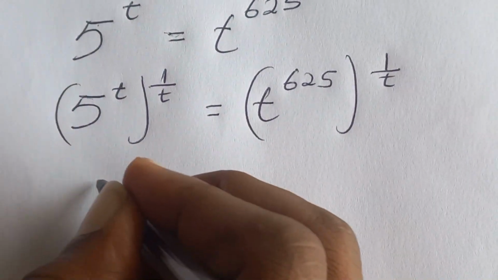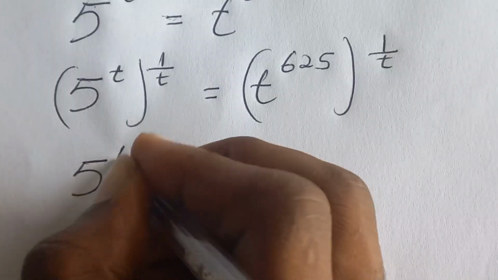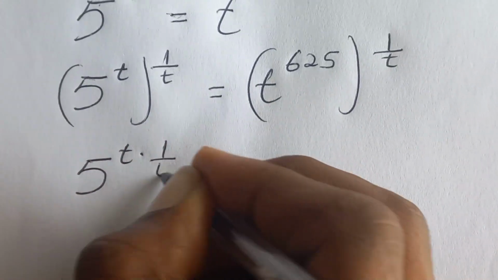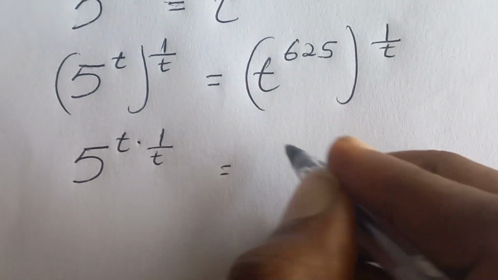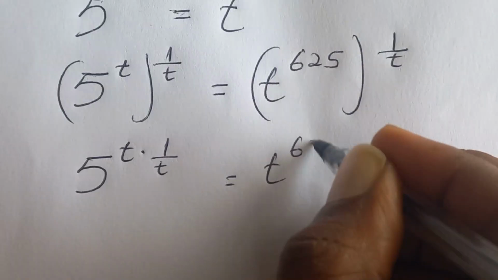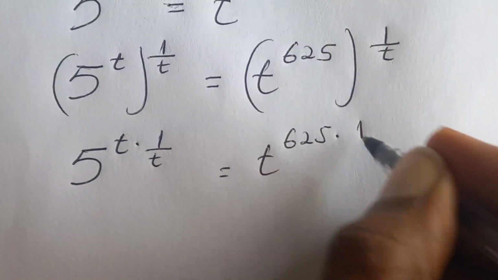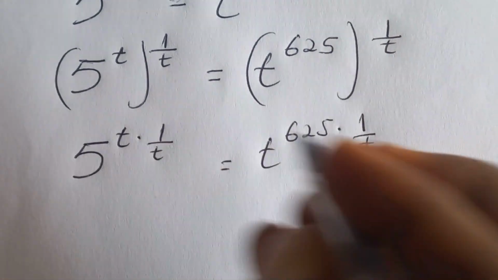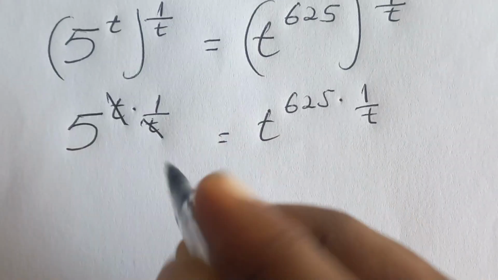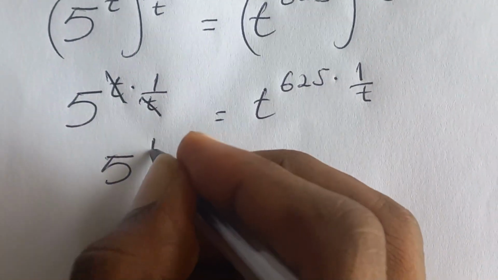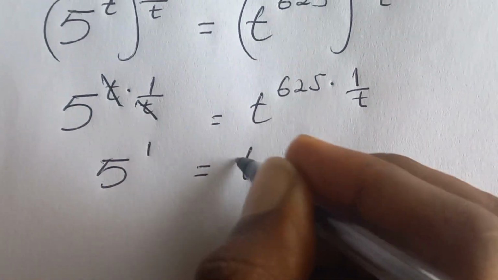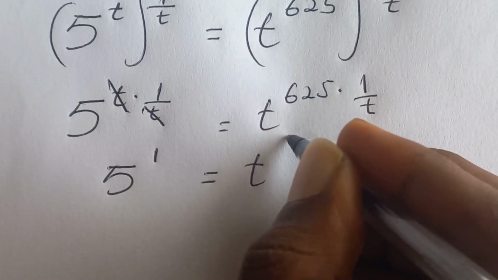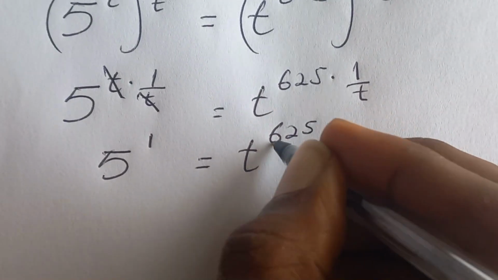Now, can we write this as 5 exponent t multiplied by 1 over t, which is equal to t exponent 625 multiplied by 1 over t. So t will cancel t here, leaving 5 exponent 1, which is equal to t exponent 625 over t.